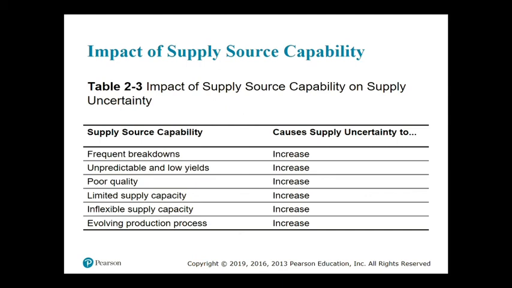If we increase supply capacity flexibility, it means that we may have the capability to process or produce different types of products using the same facility, and that tends to decrease supply chain uncertainty. And if the production process is in the process of evolving itself, then supply uncertainty also tends to be high.